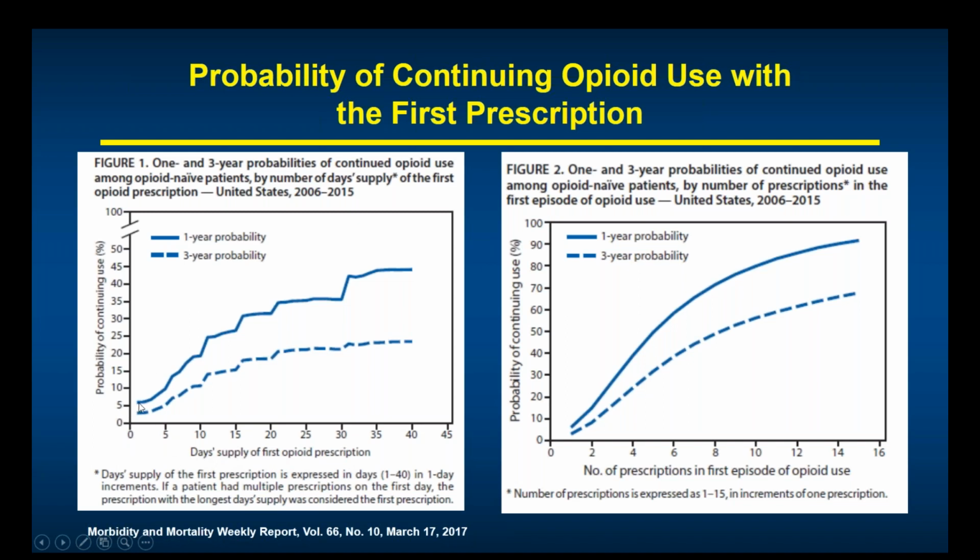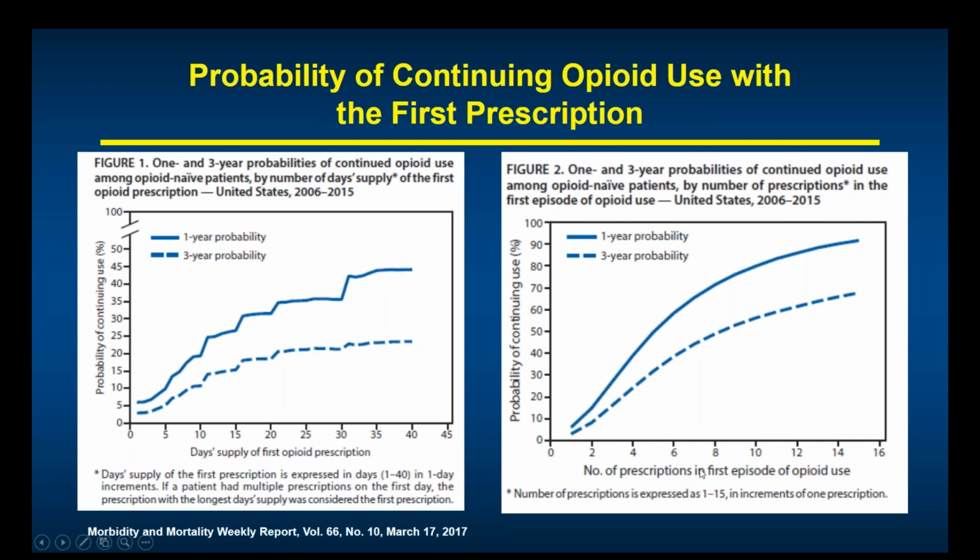So if you were prescribed an opioid that was 40 days for your first opioid prescription, the likelihood of you being on opioids at 1 year would be around 40%, and at 2 years would be around 20%.